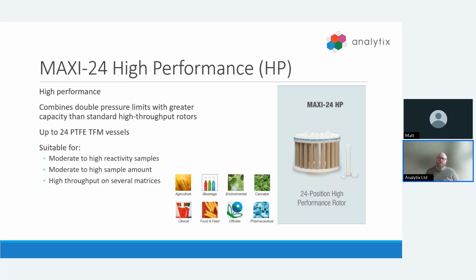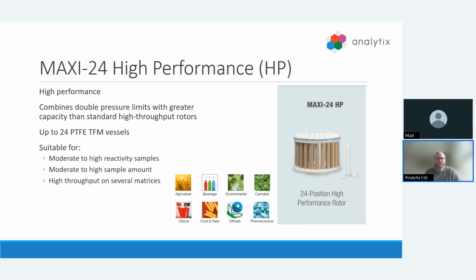Combining the benefits of those two rotors, we have the Maxi high performance rotor, the Maxi 24 HP, which is a really unique rotor in the microwave digestion field, combining increased pressure limits with that greater capacity than your standard high throughput rotors.